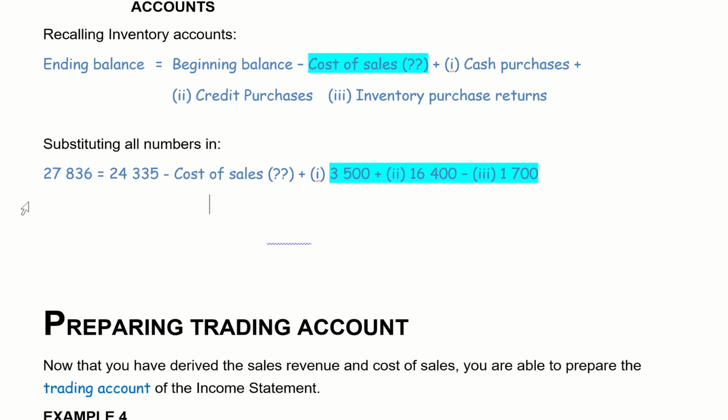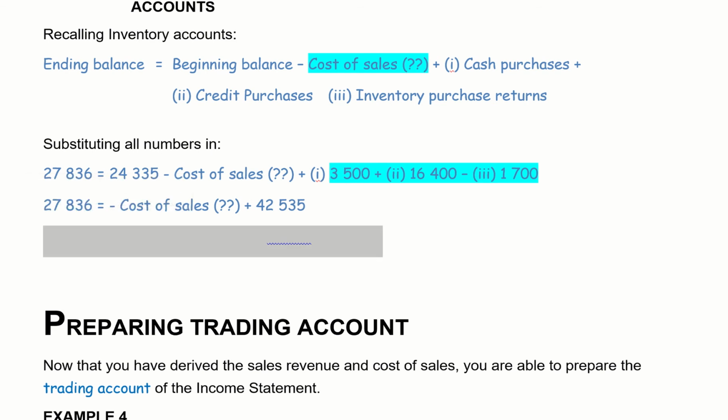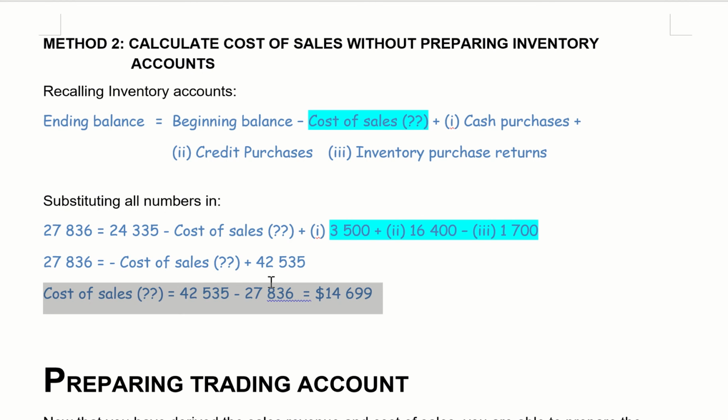You substitute all the numbers in, simplify it a little bit, and then make cost of sales the subject of your equation. And there you have it. You have method 2, where you calculated the cost of sales without preparing your inventory account.